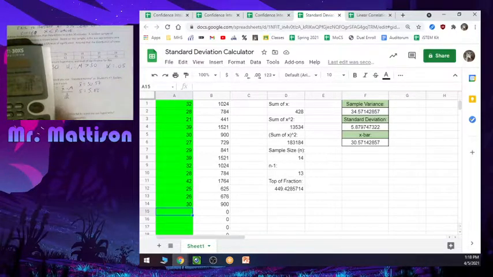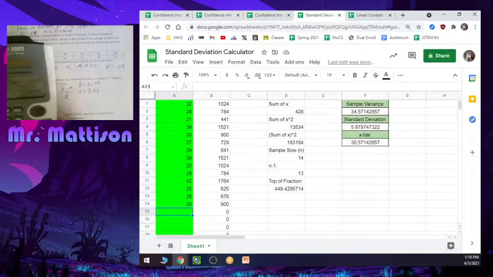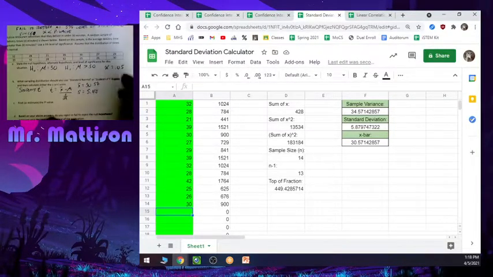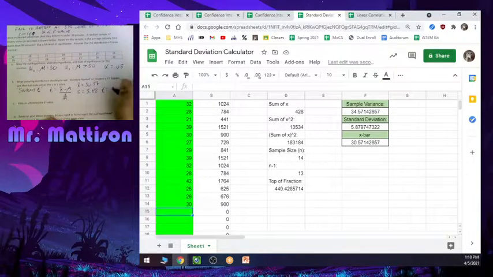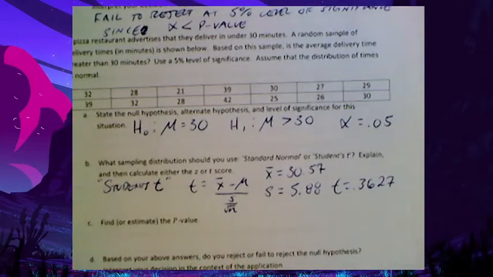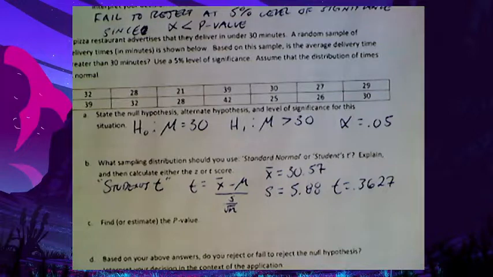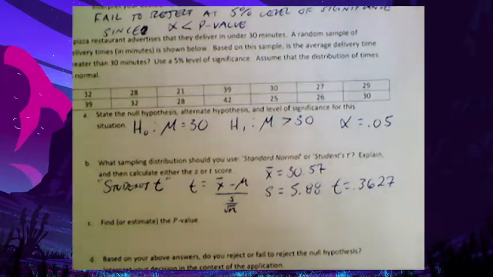And we get 0.3627. And you might get a slightly different value if you round at a different place. You might get a different number than 0.3627, like 0.3630 or 0.3629. It's fine, right? There's a difference between rounding in different places versus doing it wrong, and I can see that difference when I look at it.